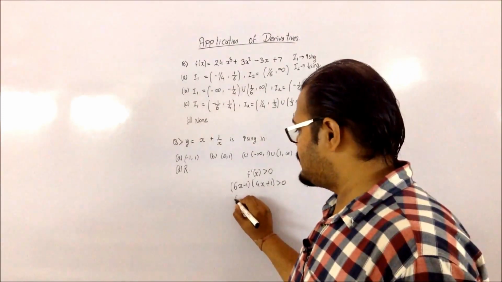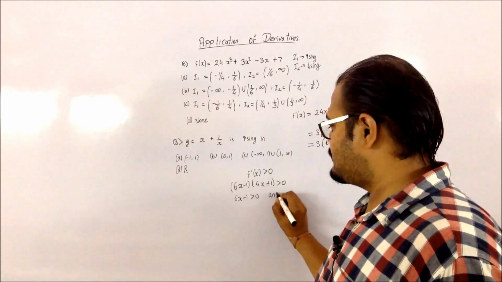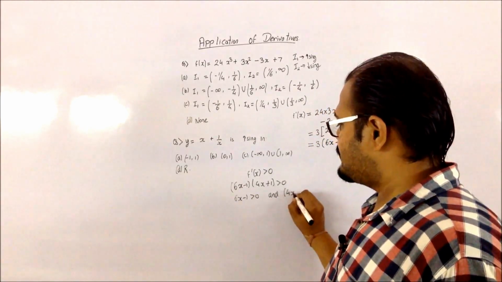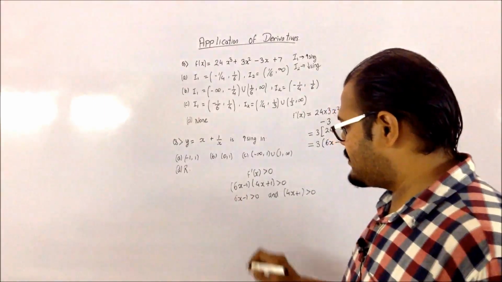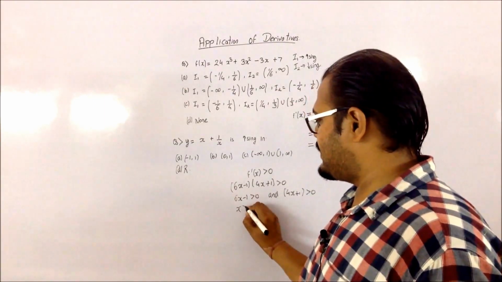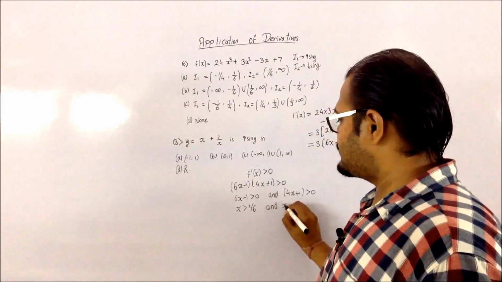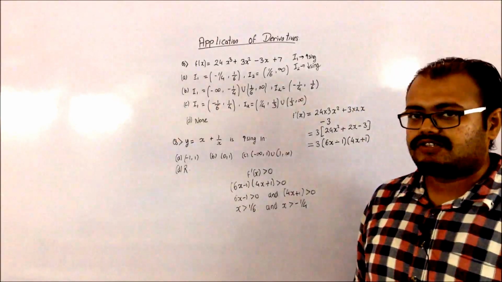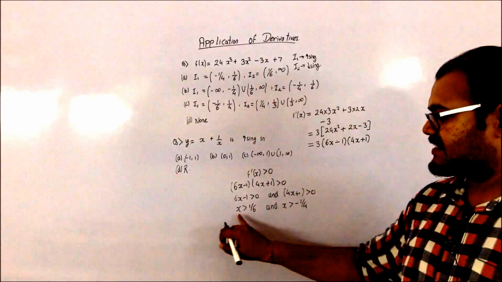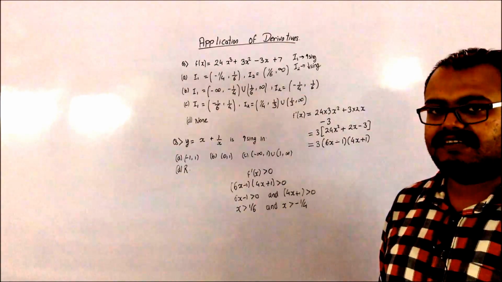So I will have 6x minus 1 greater than 0 and 4x plus 1 greater than 0. That gives x greater than 1 by 6 and x greater than minus 1 by 4.